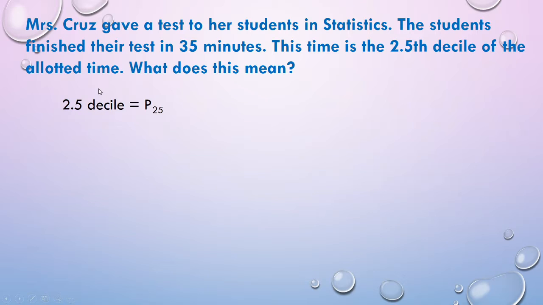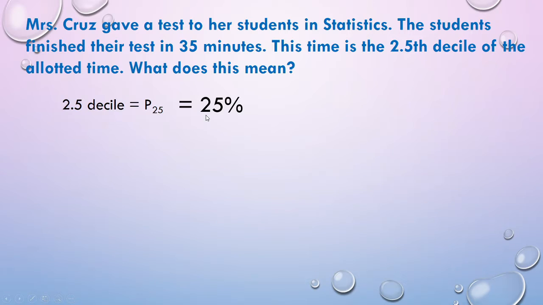So, that's equivalent to P sub 25. Okay. So, next, kukunin naman natin ang percentage form. Diba? So, ang P sub 25 is equivalent to 25%.